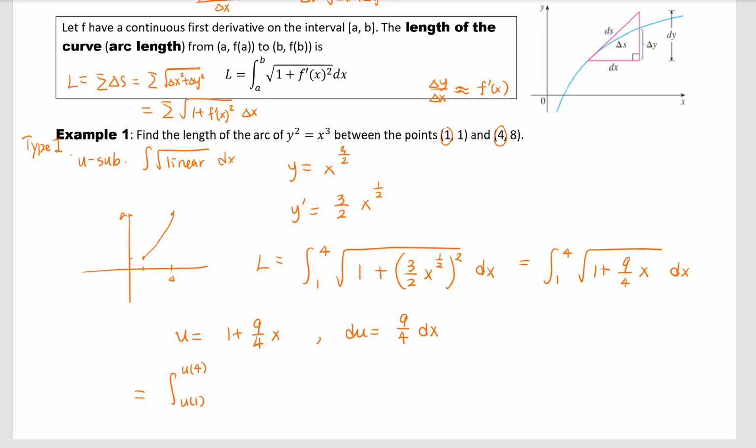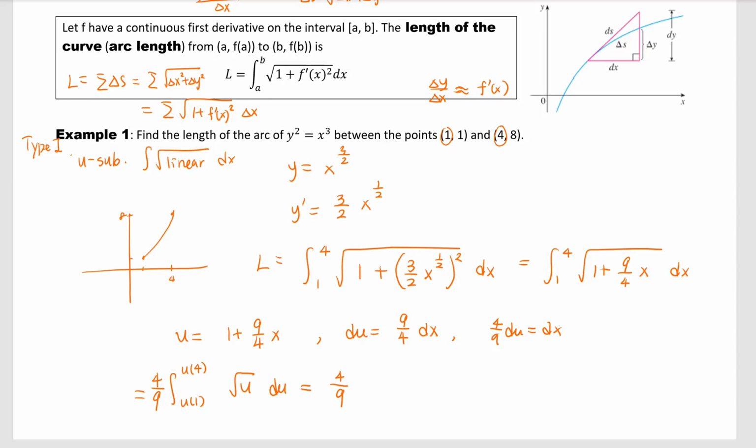Be careful, 1 and 4 are x bounds, and you want to change to u bounds. Square root of u. And so dx is how many du? Well, multiply both sides by 4, divide by 9, right? So we get 4/9 du equals dx. So you can put the 4/9 in front of the integral and put du there.